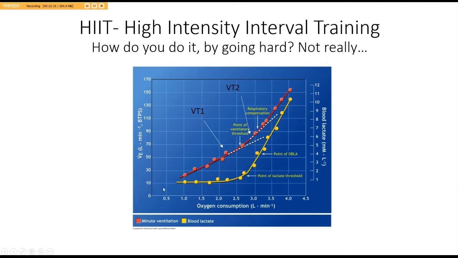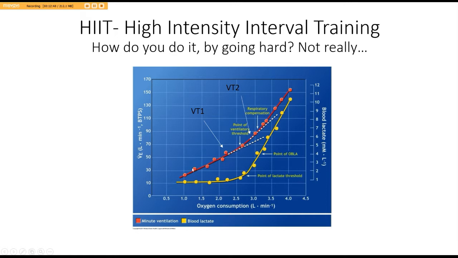This is something that's best measured through a VO2 max assessment. Here we can outline the variables of VT1, the first ventilatory threshold, where the body's coasting along nicely and then all of a sudden there's a break point and the body starts to exercise more rapidly internally. Then it steps up again at the second ventilatory threshold around about here.